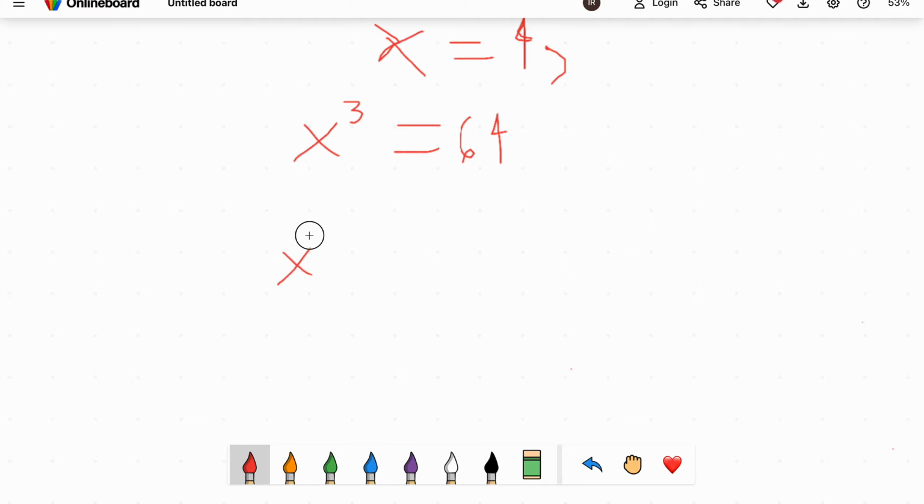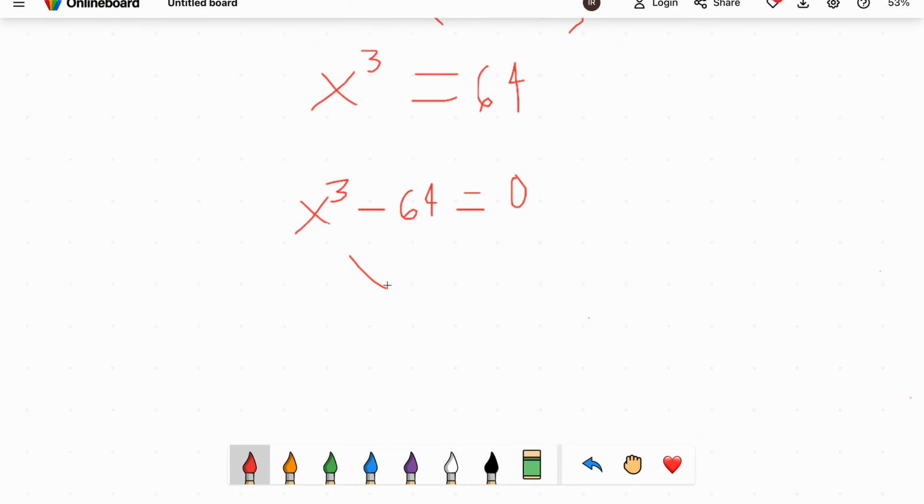So now we have x cubed minus 64 is equal to 0. And then we have x cubed minus 4 cubed is equal to 0.